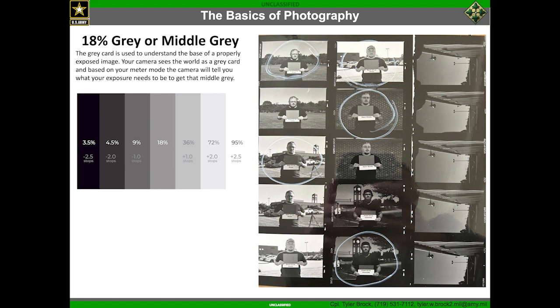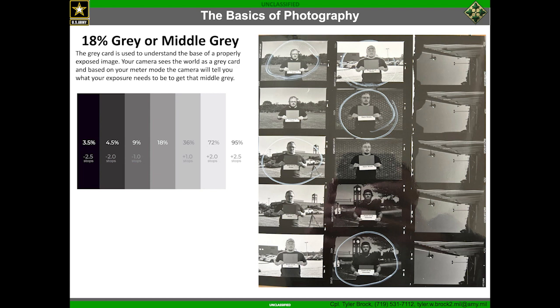which we'll get into metering areas here in just a minute. But it's looking at the area that you're metering and it's saying, okay, I need to turn that area into 18% gray. So what it does is it will either overexpose your highlights or underexpose your highlights, or vice versa with your shadows, overexpose your shadows or underexpose your shadows to make it 18% gray.